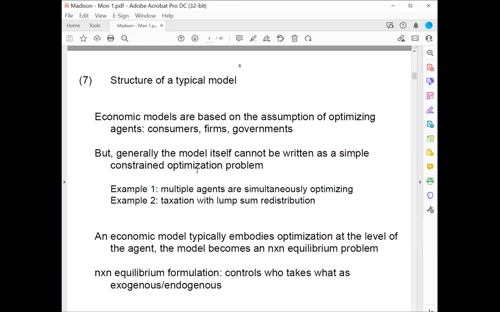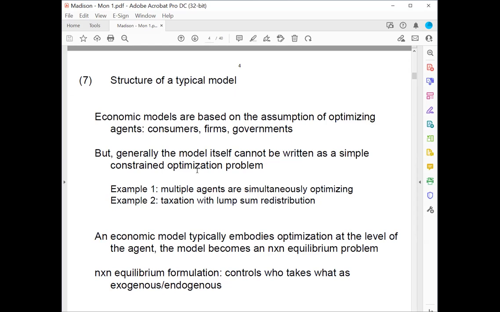You can't just say maximize X with respect to all this constraint set because different agents are pursuing their own optimization problems.